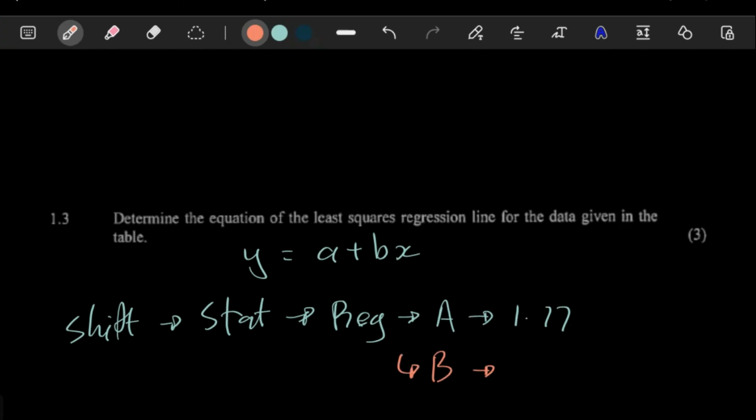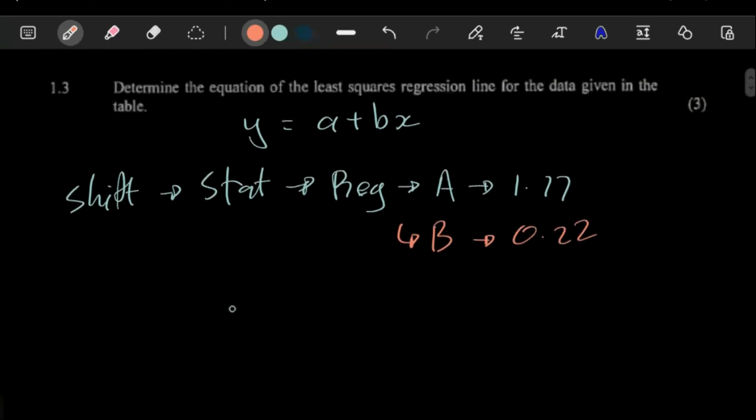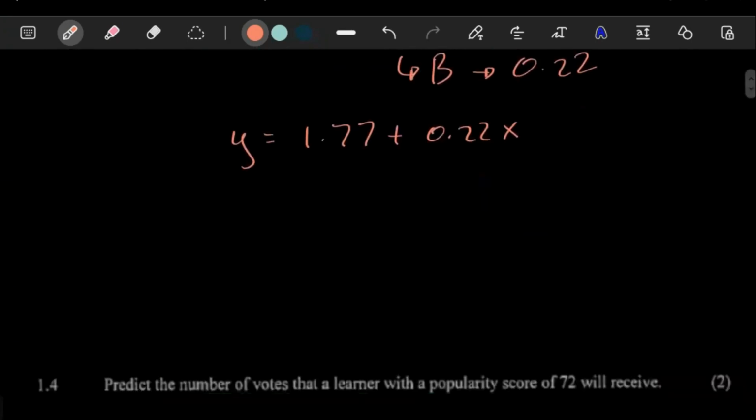Shift stat reg B. It's like 0.22. So this is going to be y equals 1.77 plus 0.22x. There you go. That's the equation of the least squares regression line.